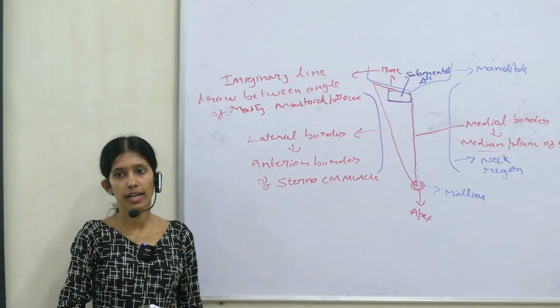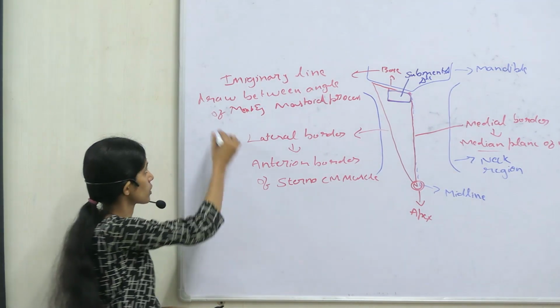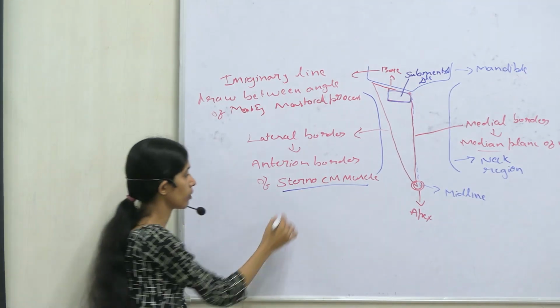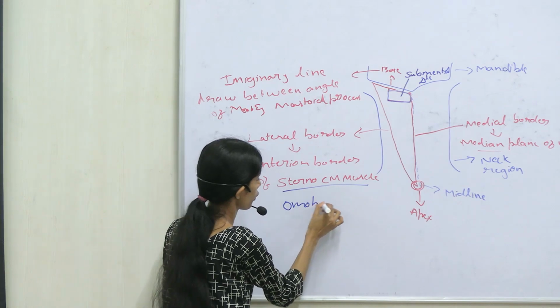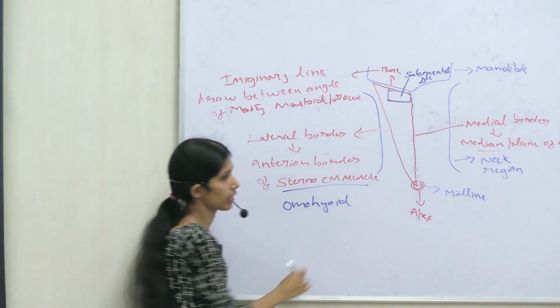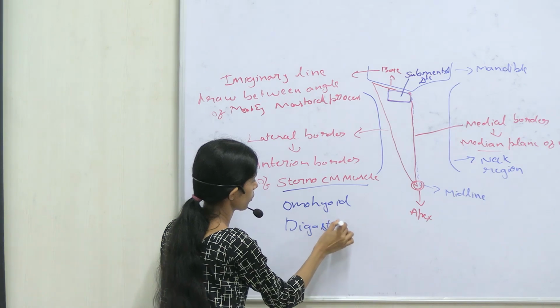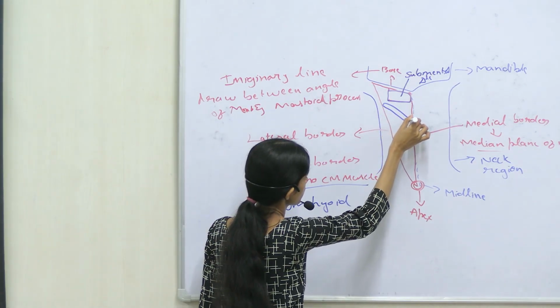Okay, and in the anterior triangle, we have 3 important muscles. The first one is sternocleidomastoid muscle. The second one is which one? Omohyoid muscle, and another one is digastric muscle. Okay, here we have the digastric muscle.